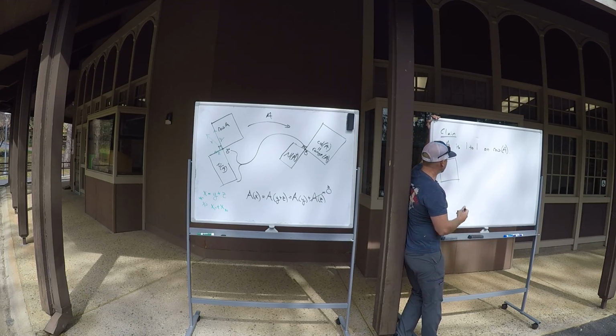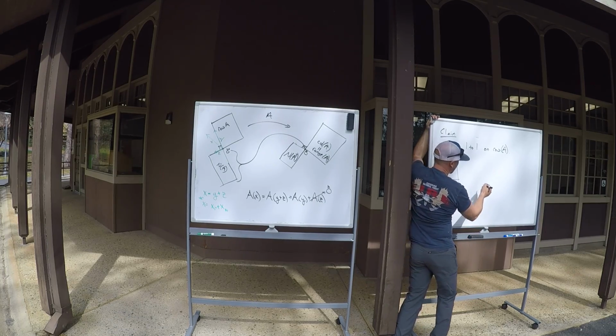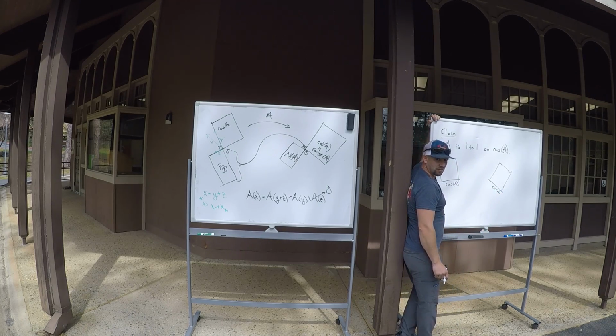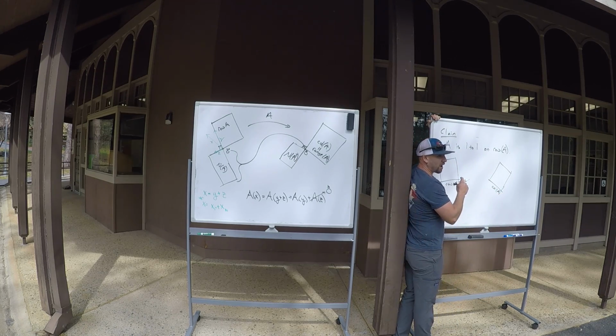This flat thing is going to represent the row space, and over here on the other side, I've got the column space. You guys see that? I know that if I apply A to the row space, I definitely end up in the column space. You guys see that?